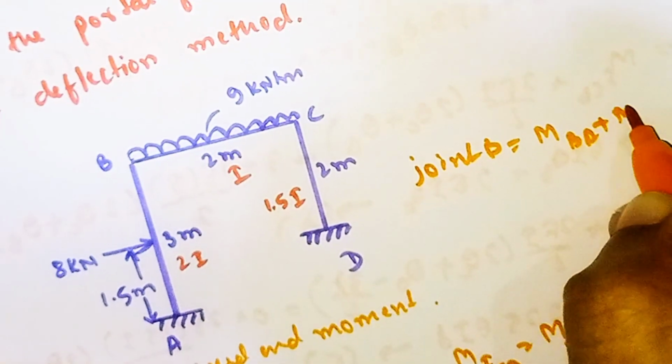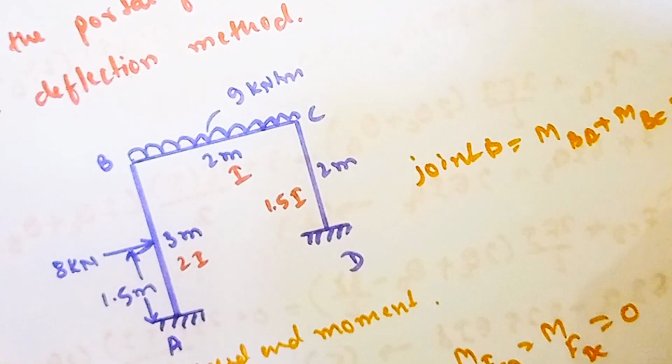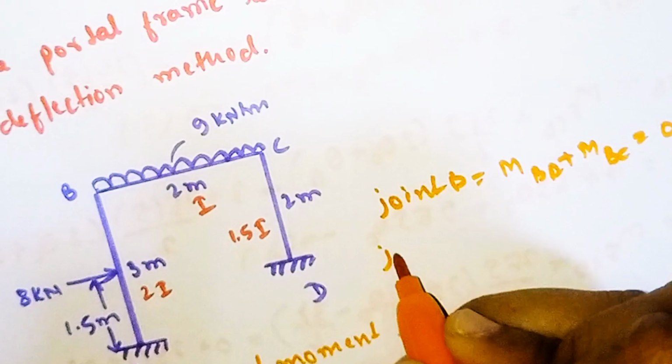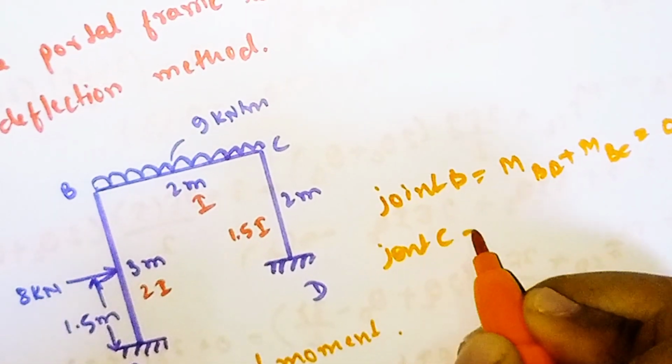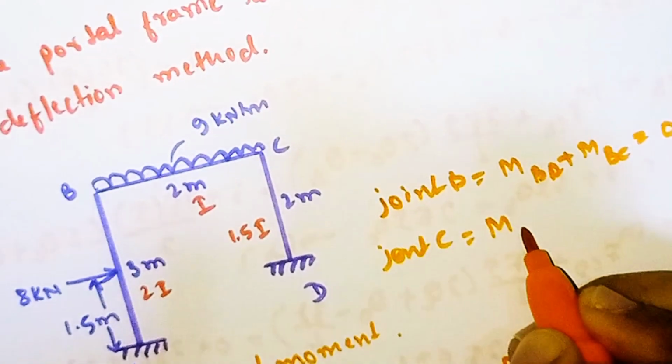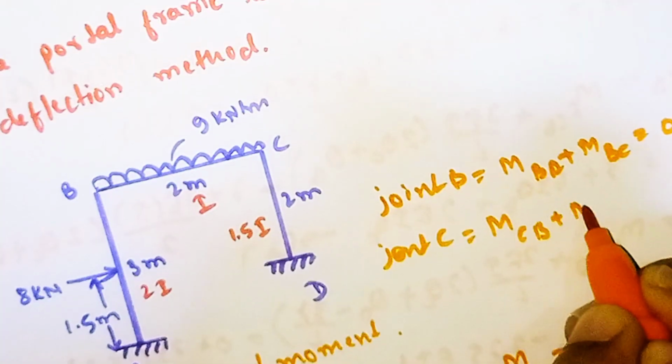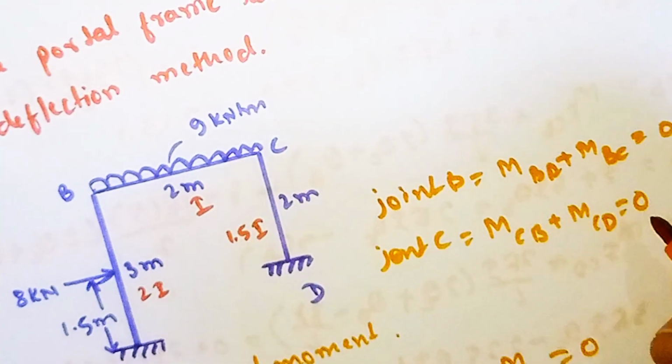For joint C we have the equilibrium condition MCB plus MCD is equal to 0. I will show here: for joint B, MBA plus MBC is equal to 0, and for joint C, MCB plus MCD is equal to 0.